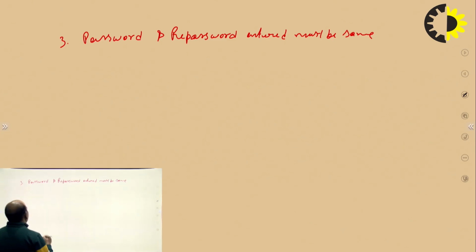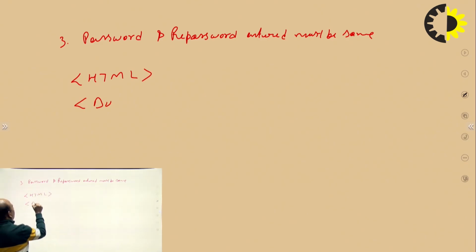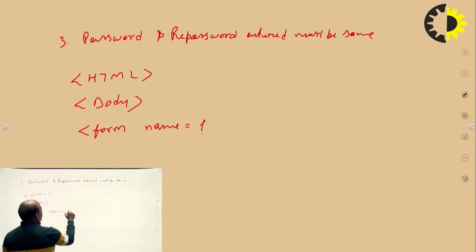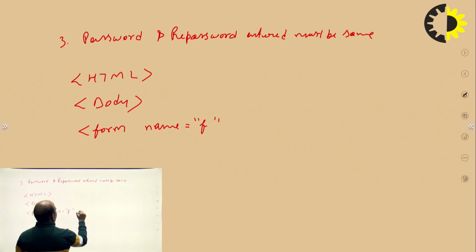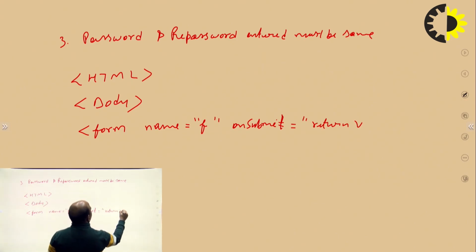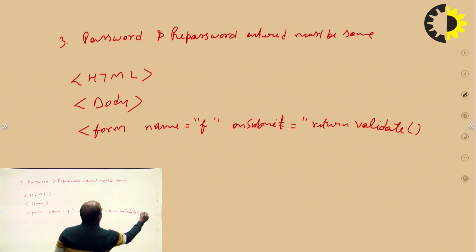For that, I am creating a HTML page, HTML form, where we will have the body tag, and here I am creating a form in the same manner I have earlier created. The name I am giving is F, and on submit event, I am calling the same function, return validate, that we will create. Okay.